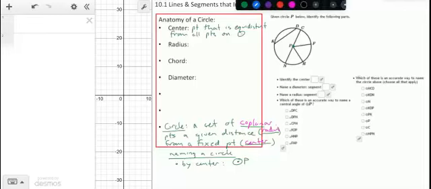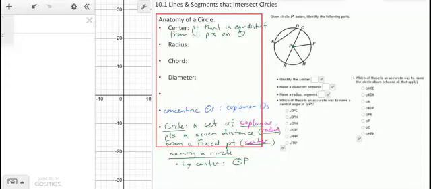The only time that you can't is if you have what's called concentric circles. Concentric circles are coplanar circles that have the same center.